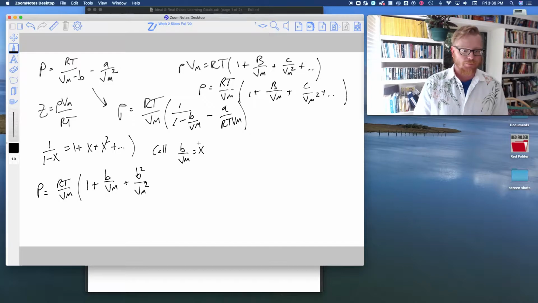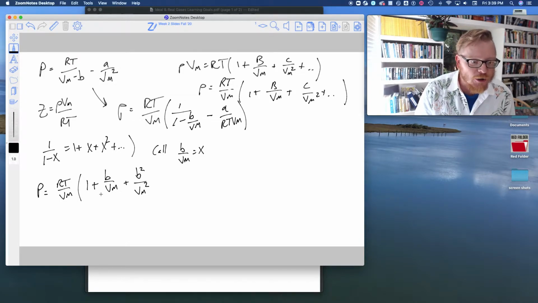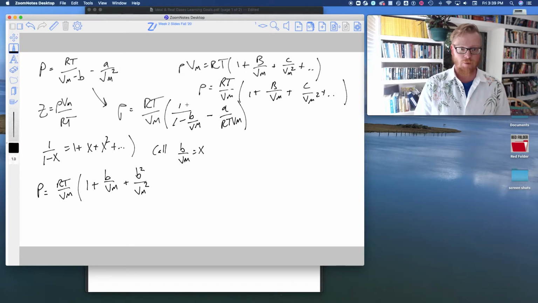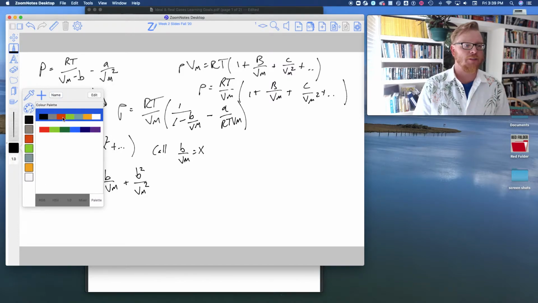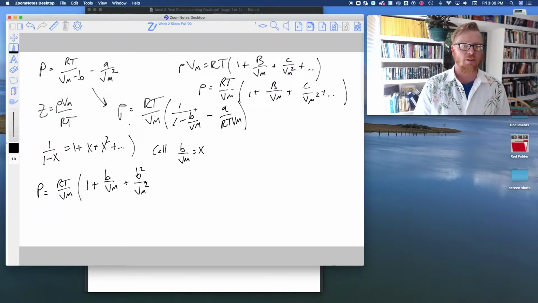Now remember, these three terms, 1 plus B over Vm plus B squared over Vm squared, I got from right here. Let me add some color and try to make this more organized. I'm going to circle this chunk, and it corresponds to this chunk right here.